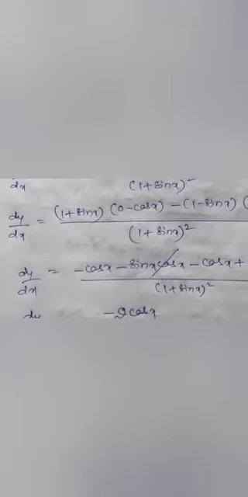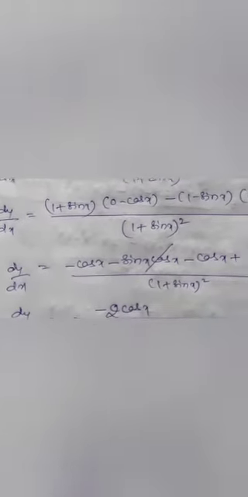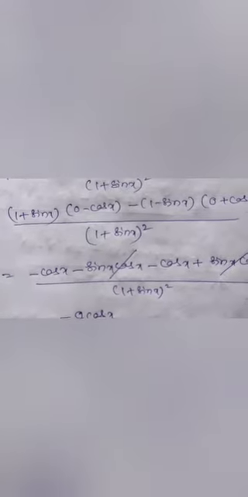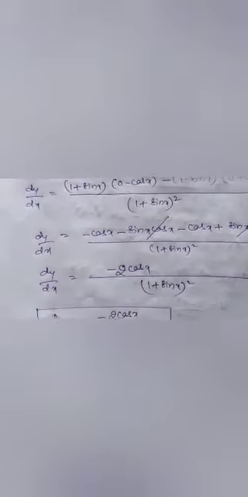And here minus cos x into 1 minus cos x minus sin x into cos x. Second one, cos x into 1 minus cos x minus into minus plus sin x cos x, and sin x cos x and minus sin x cos x get cancelled. We get only minus 2 cos x divided by 1 plus sin x whole square.